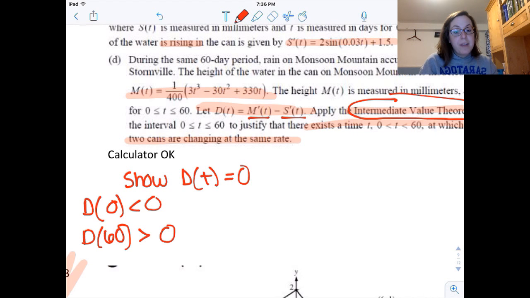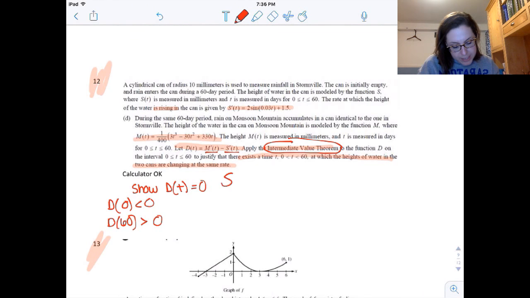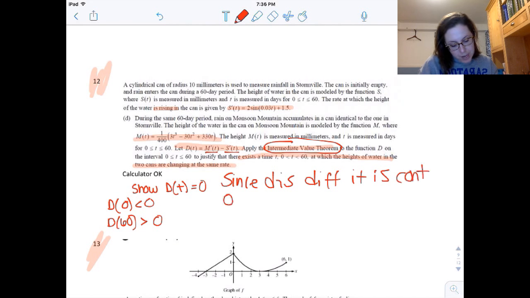And so now what's your argument, right? So since D is differentiable, right, they tell me it's differentiable. It is continuous on 0 to 60. We don't need differentiable for this, but that's how we know it's continuous. Since D is differentiable, it is continuous on 0 to 60. And D of 0 is less than 0, which is less than D of 60.